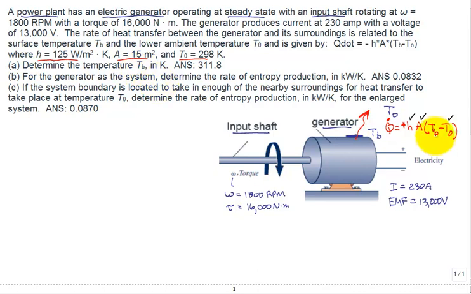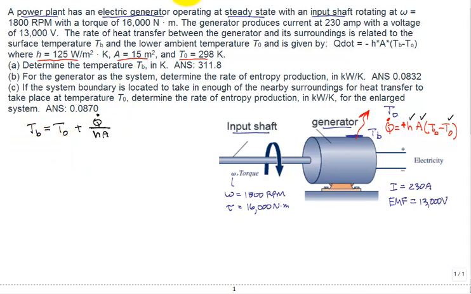How do we find that temperature TB? Right there. Well, if I take this rate of heat transfer equation and I can solve for TB, TB will be T0 plus Q dot divided by HA. All right, now all I need to find is Q dot. Well, how do I find Q dot?